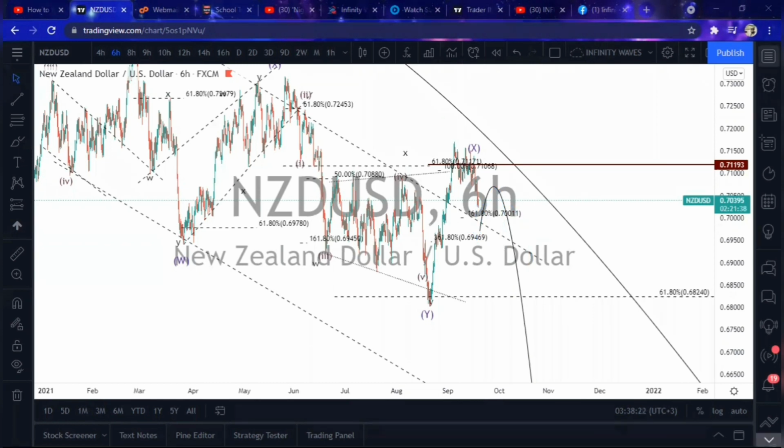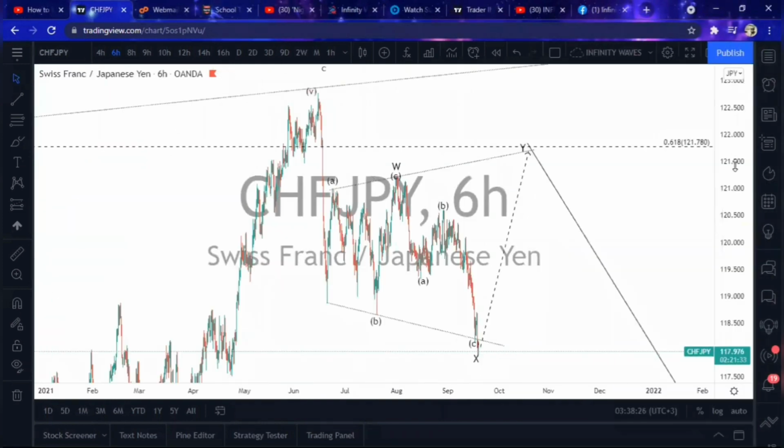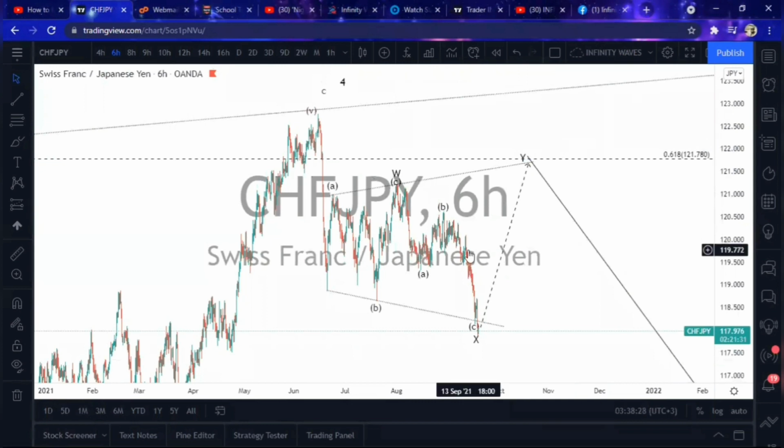The next pair on our watch list was Swiss franc JPY. Swiss franc JPY again, this move can be done. This move here at X, if it closes below here today, by the end of this day, we'll know this move will continue downside.